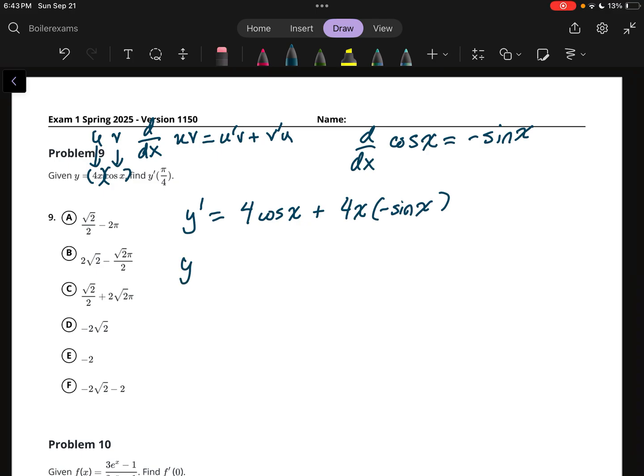And then last step is plugging in pi over 4. This becomes negative 4x sine of pi over 4. So I'll tell you the value right now.